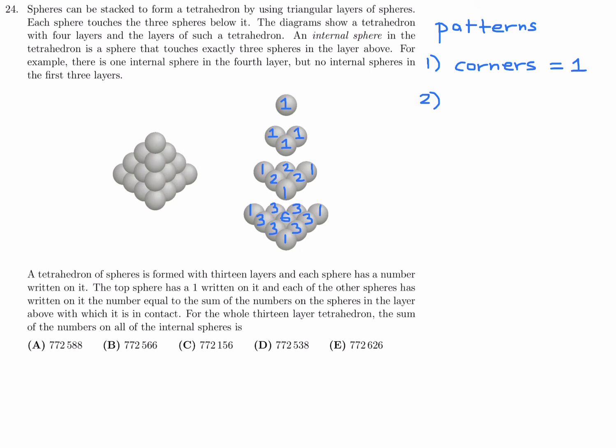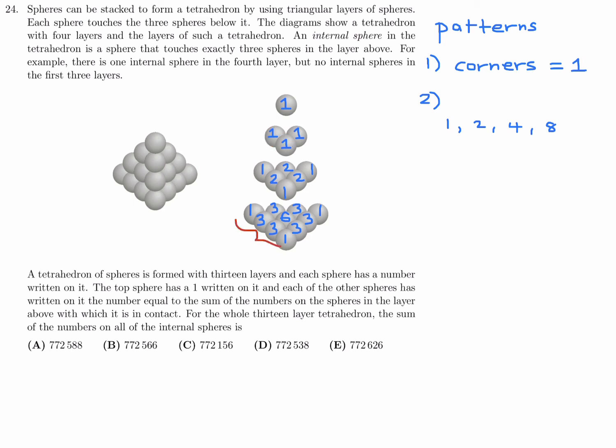The next is that the sum of the spheres in the outside edges have a very distinct pattern. They have a pattern of 1, 2, 4, 8, and so on. And what I mean by the spheres in the outside edge is these guys. This is an outside edge. This is an outside edge. And this is an outside edge.